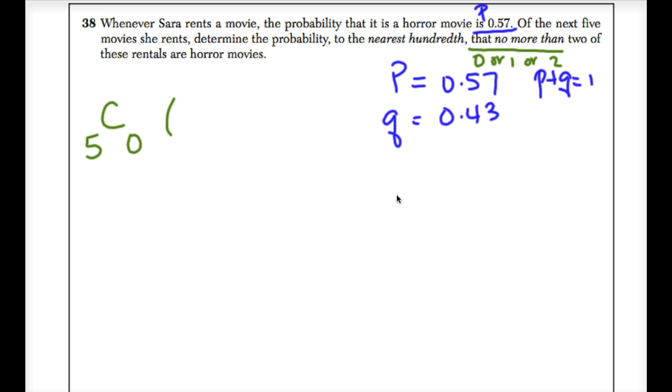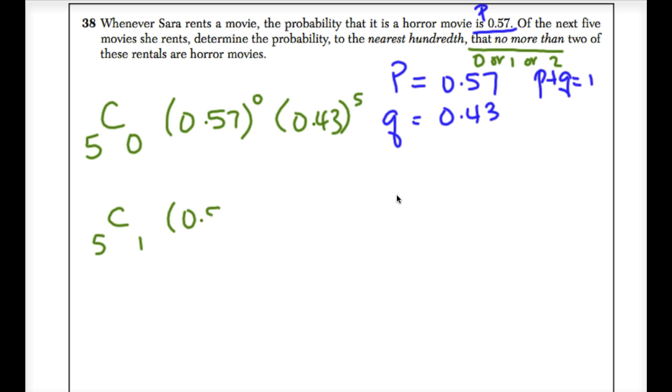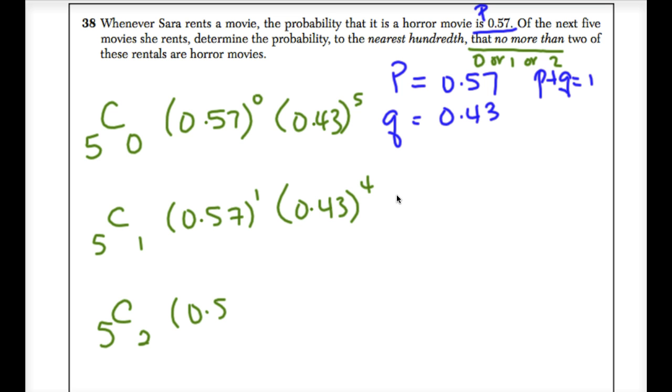The success of getting a horror movie is 0.57, and then the failure would be 5. What if she gets 1 horror movie? So it will be 0.57 to the first power, and then 0.43 to the 4th power. And what if she gets 2 of them? 0.57 to the 2nd, and 0.43 to the 3rd.